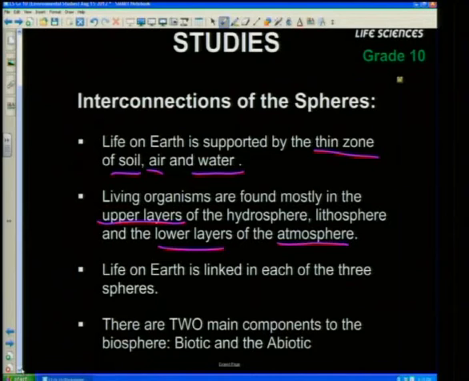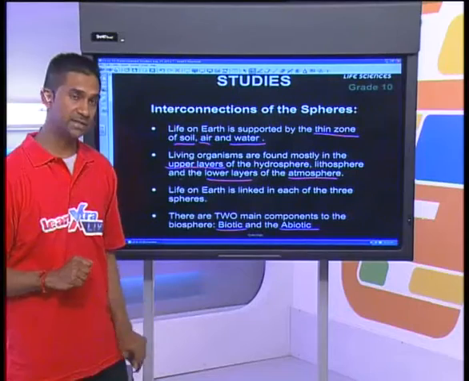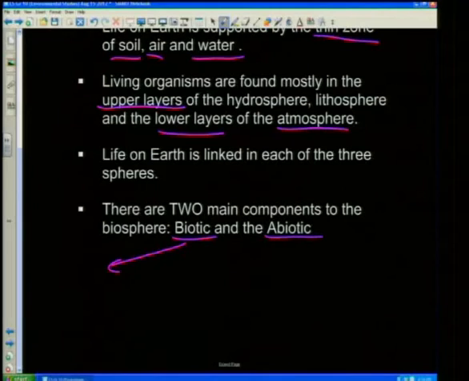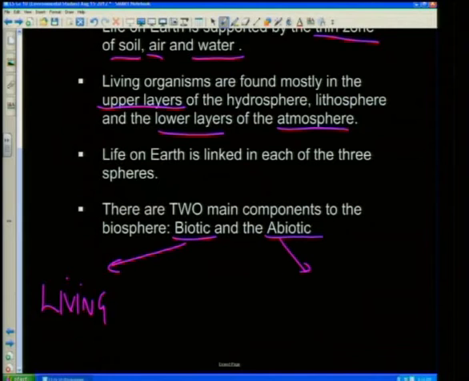The two main components of the biosphere are the biotic components and the abiotic components. Let's look at these in detail. Biotic refers to the living components, whereas abiotic refers to the non-living components.